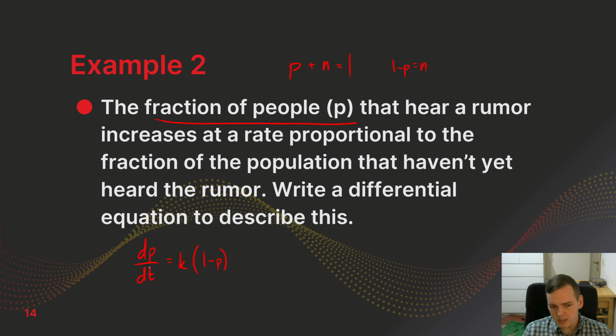And so this is where we get this expression here. It's proportional to the fraction of people that haven't heard the rumor. What's the fraction of people that haven't heard the rumor? 1 minus P multiplied by k, because it's proportional and we don't know exactly if it's twice as fast, half as fast. All that we know is that they're proportional. And that's where we get this result here.